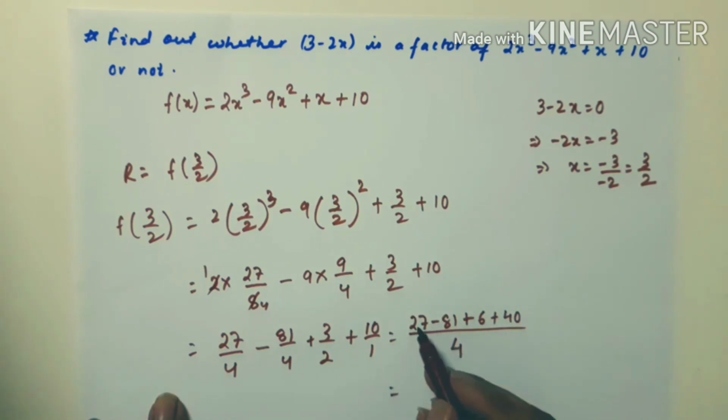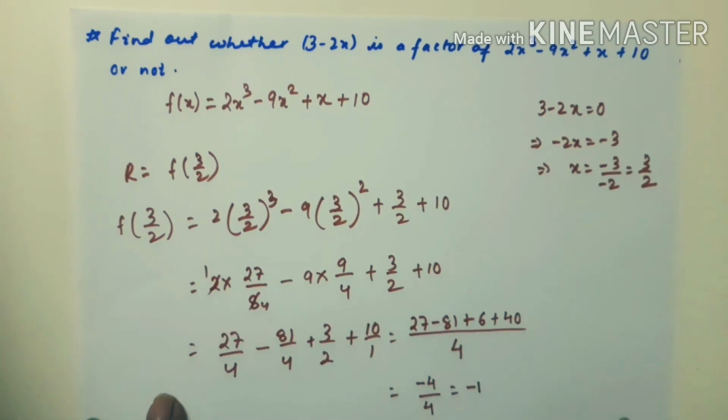We'll get 27 plus 6, 33 plus 40, that becomes 77. So 77 minus 81 we will get minus 4 by 4. Now minus 4 by 4 is minus 1.